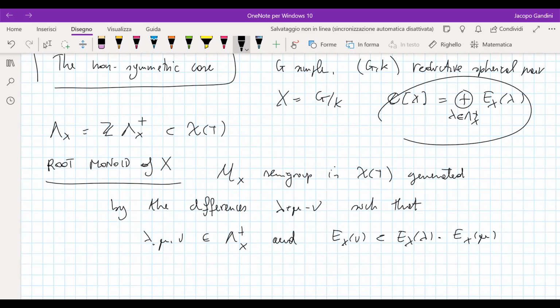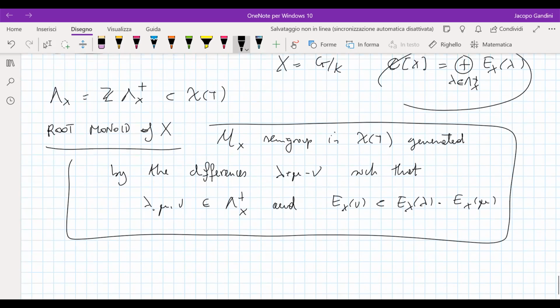So in some sense, this measures the complexity of this multiplication. It measures how much this multiplication differs from its top component, which is always there, and which gives just the zero root, in some sense the zero element of the root monoid.